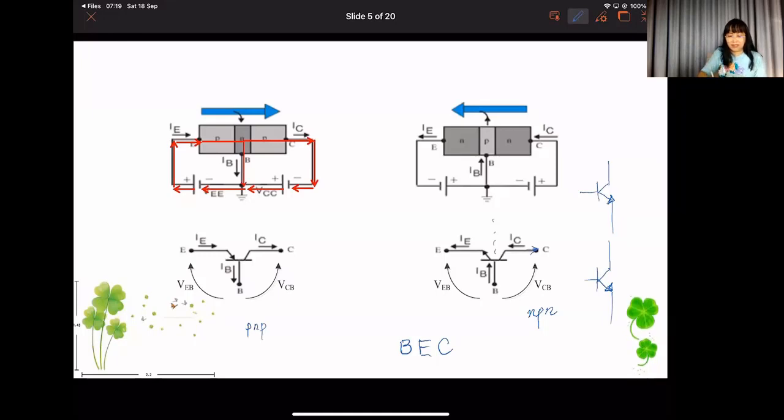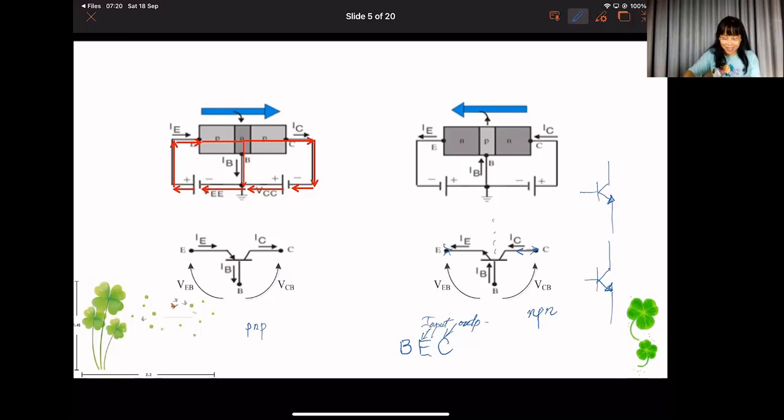On the right we have the output, C output. On the left, we have the emitter input.